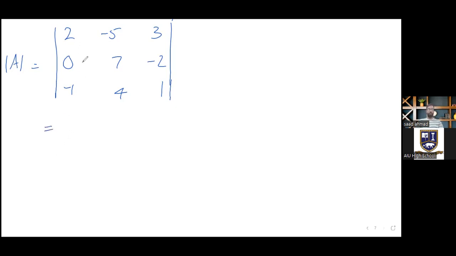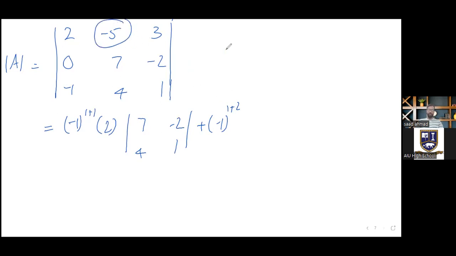So the first row, this one will be -1 to the power 1 plus 1, first entry, times determinant. So if we skip the first row, first column, 7, 4, -2, 1. Then again plus -1 to the power 1 plus 2, first row, second column.